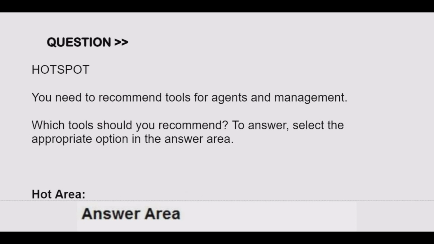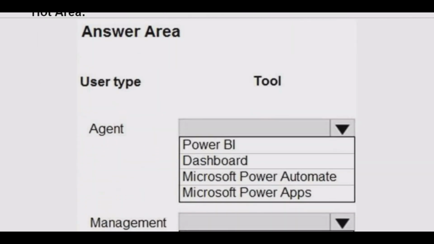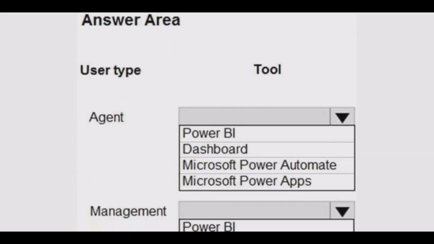Our next question is hotspot. You need to recommend tools for agents and management. Which tool should you recommend? To answer, select the appropriate option in the answer area. Hot area. Please have a look at the user type and the tool.